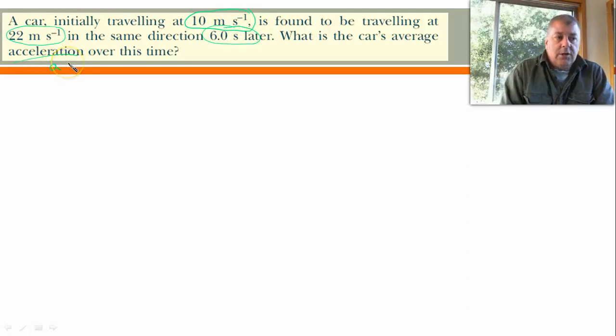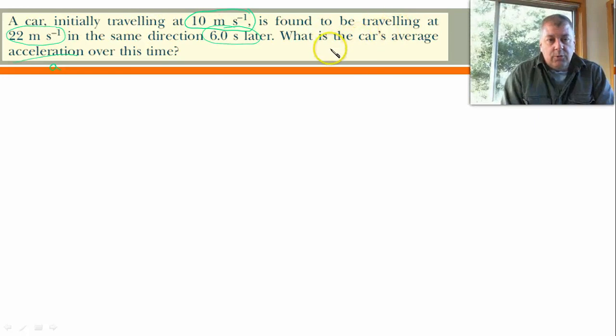The next thing you try to do is assign letters to the information that you're given, and sometimes you have to read the question carefully if it's a word question. The letters we're trying to assign are U, V, A, S and T, where U is the initial velocity, V is final velocity, A is acceleration, S is displacement, T is time.